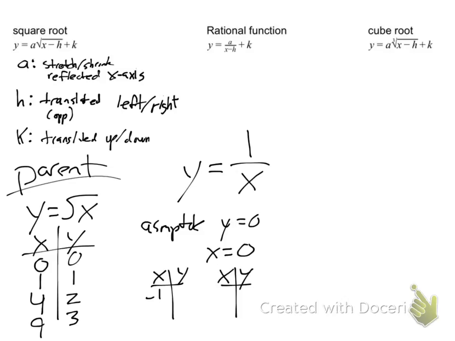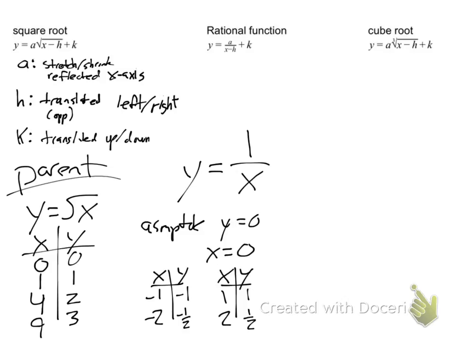So, -1, -2, 1 and 2. Guys, these values will never change. What happens when I put 1 over negative 1? It's negative 1. 1 over negative 2? Negative 1/2. 1 over 1. 1 over 2.